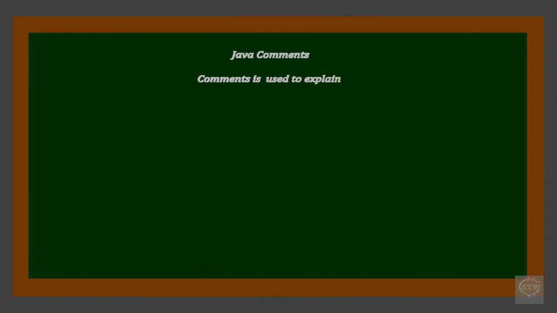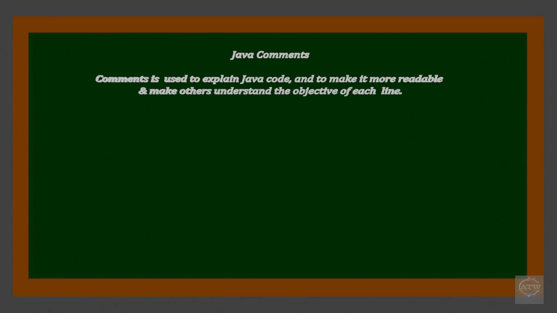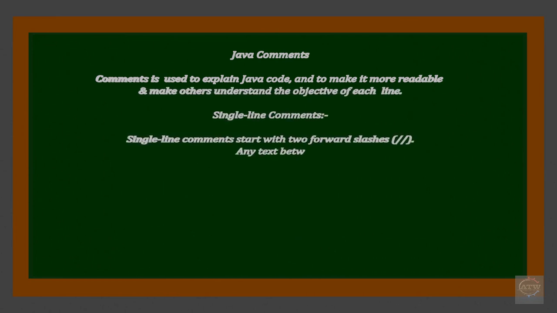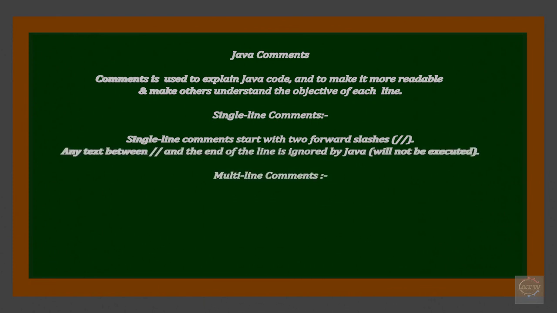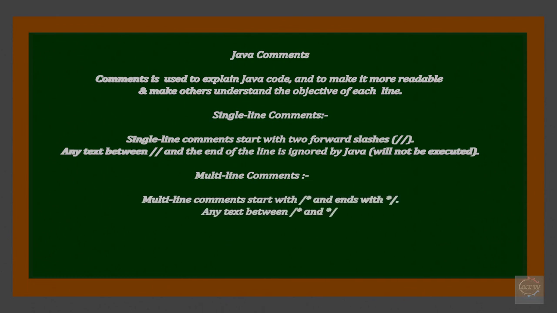Comments. Comments are used to explain the Java code. Comments make the code more readable and make others understand the objective of each line. In Java, we have two types of comments. One is how to comment a single line, and the second one is how to comment multiple lines.